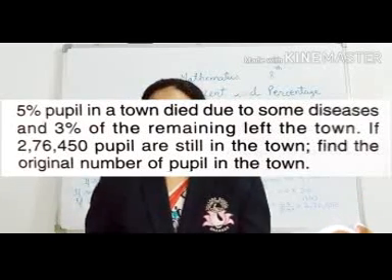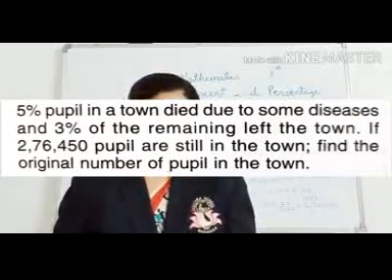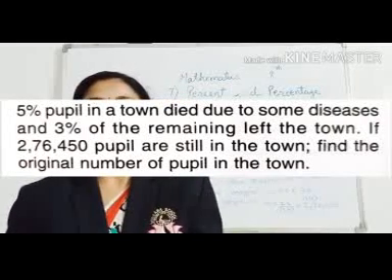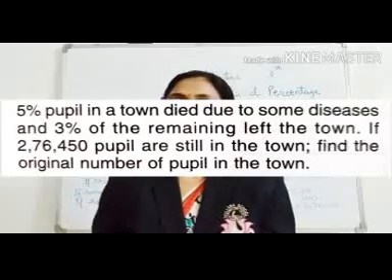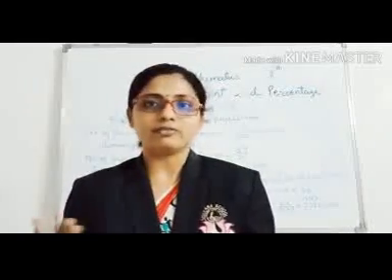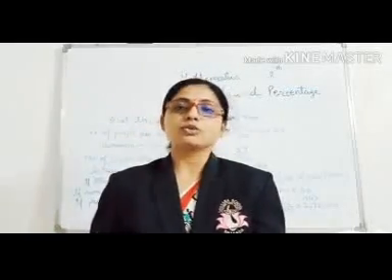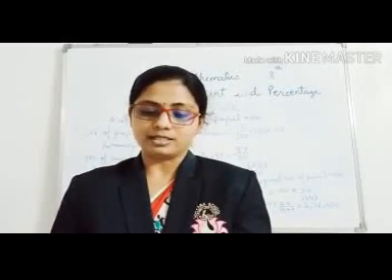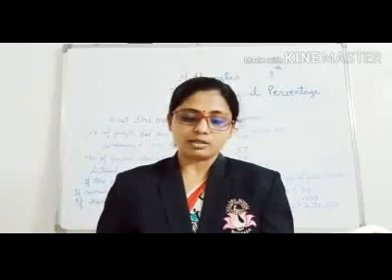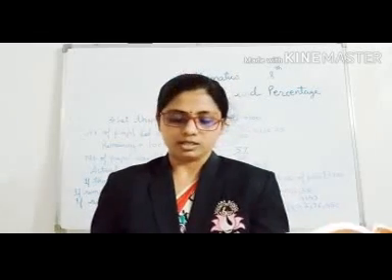There is one town, and in that town, due to the disease, about 5% of the people died. Then 3% of the remaining left the town. If 2,76,450 are still in the town, find the original number of people in the town.